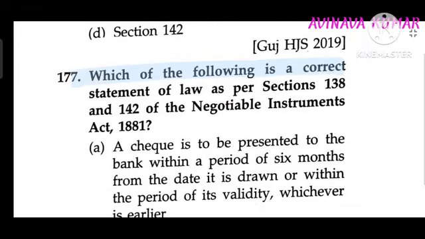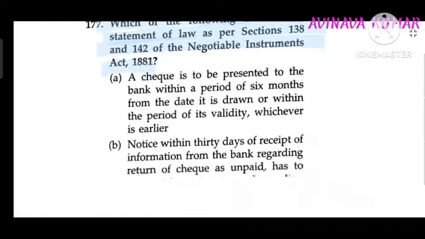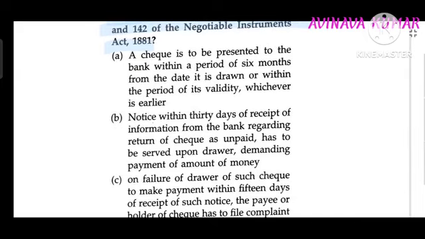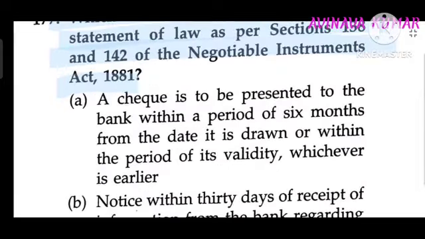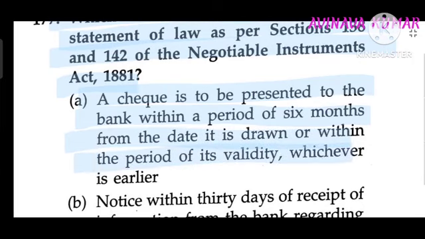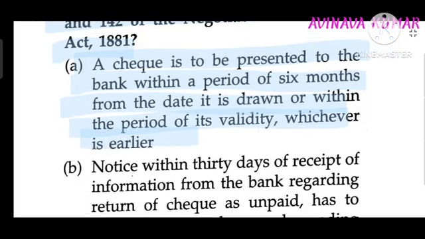Which one of the following is a correct statement of law as per Sections 138 and 142 of NIA? All of the above. A check has to be presented to bank within a period of 6 months from the date of drawn or within the period of validity, whichever is earlier.